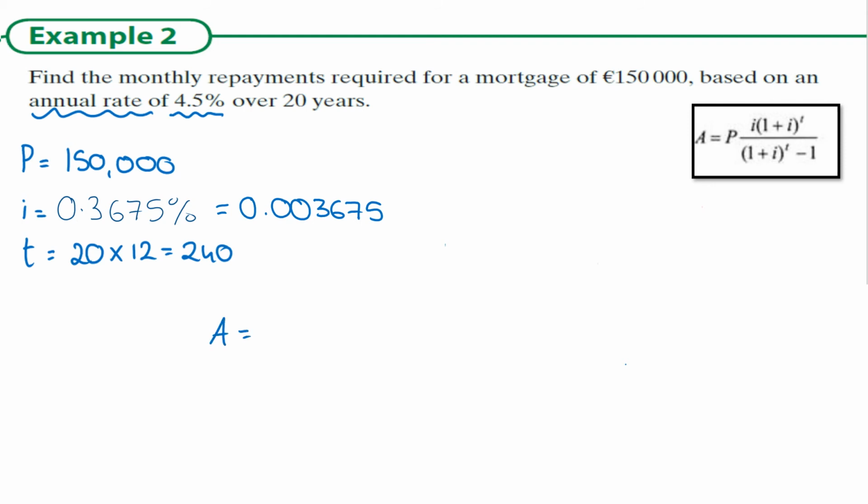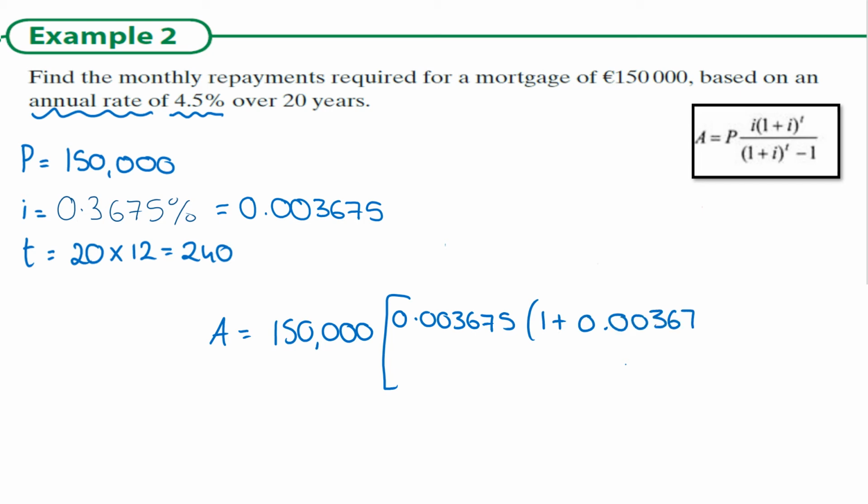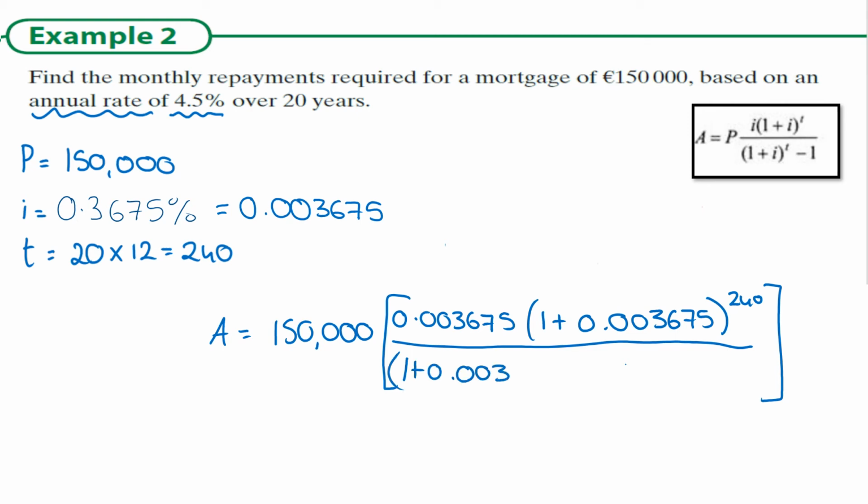So we have A is equal to P, which is 150,000, I, 0.003675, bracket 1 plus 0.003675 to the power of t, 240, all over 1 plus 0.003675 to the power of 240 minus 1.